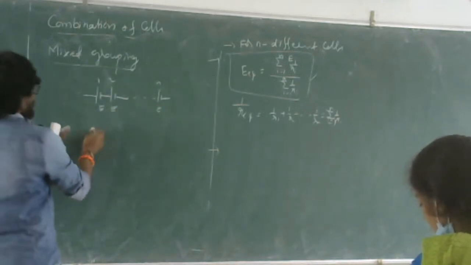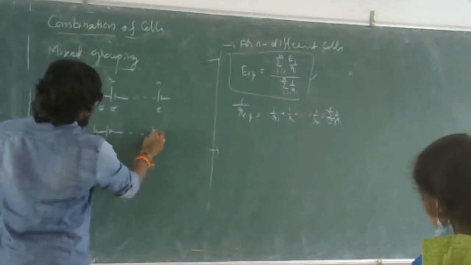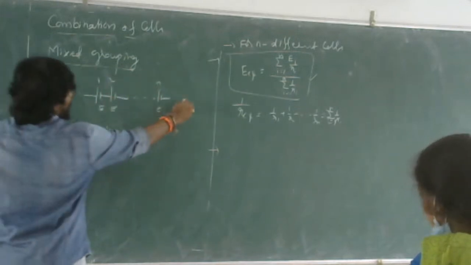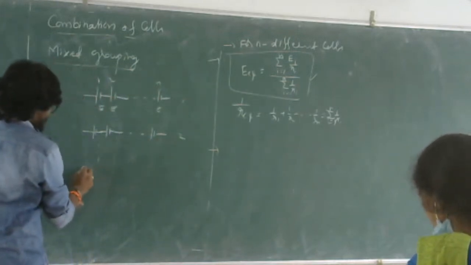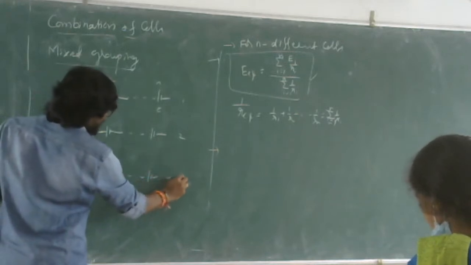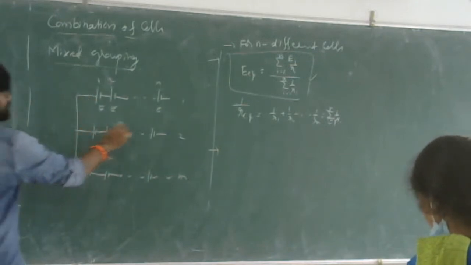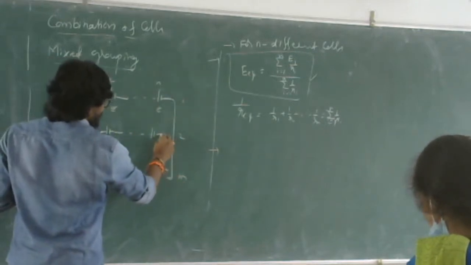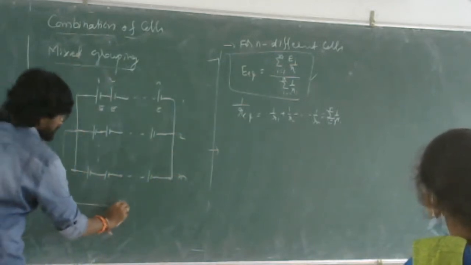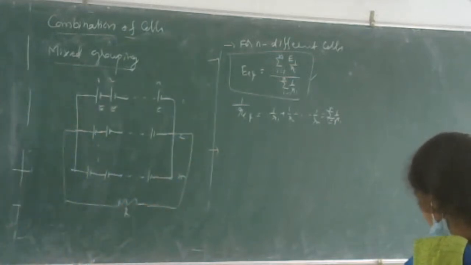Like this, one more set you have, like this m sets if you have, this is one set, two sets, like this m sets. That means if all these are connected through an external resistor of resistance R.